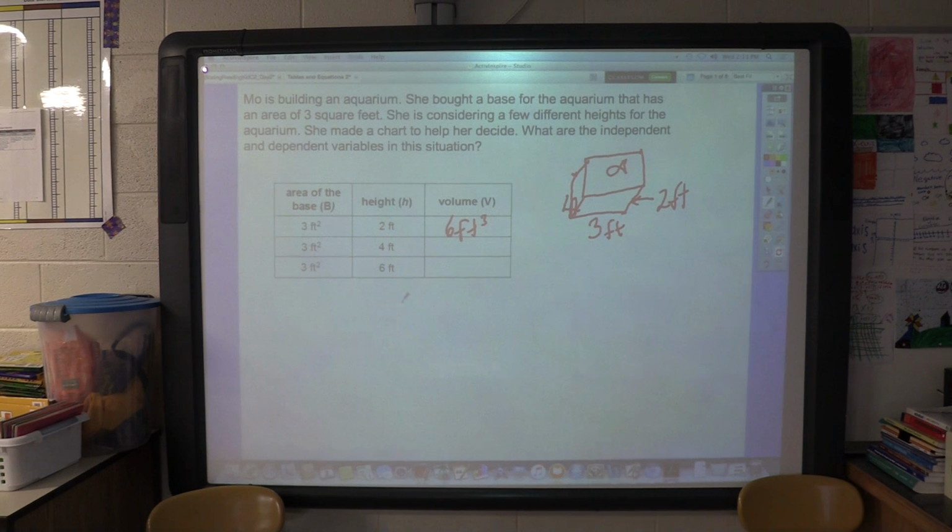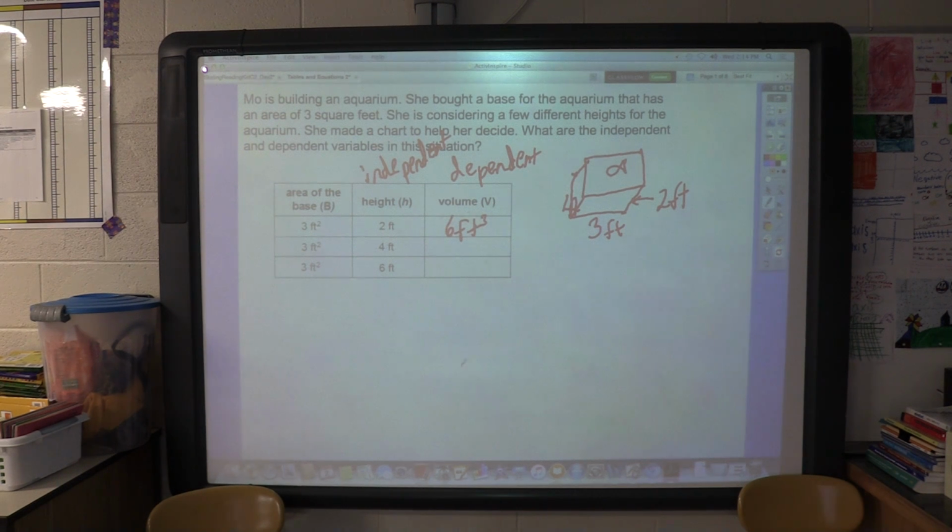Depending on the height of her aquarium, her volume is going to change. So her volume, the V, is going to be the dependent variable, and her height is going to be the independent variable, because the volume is going to depend on the height and the area of the base.